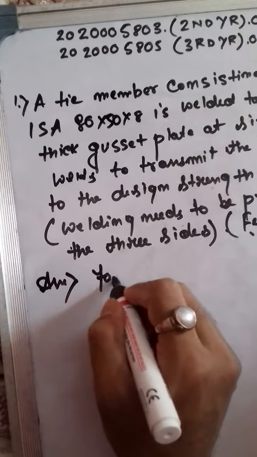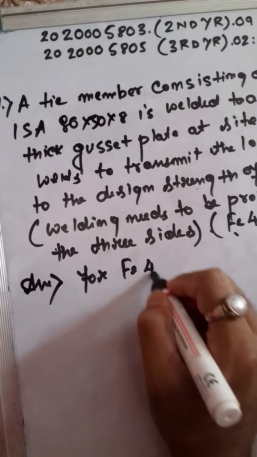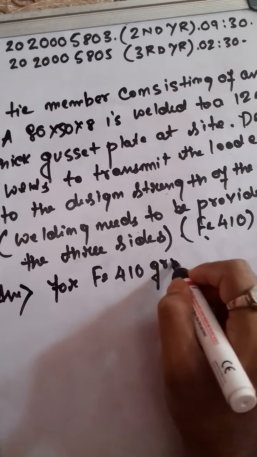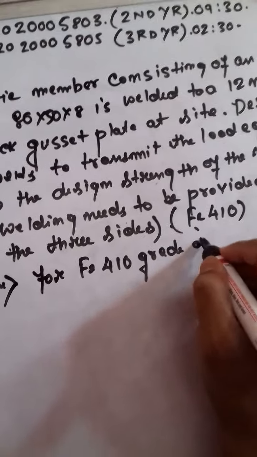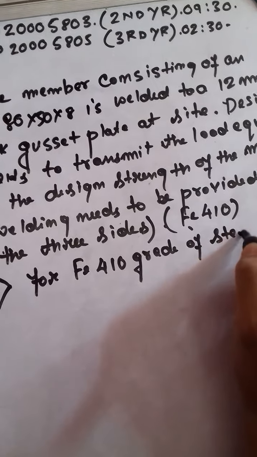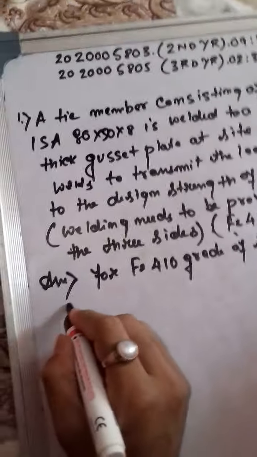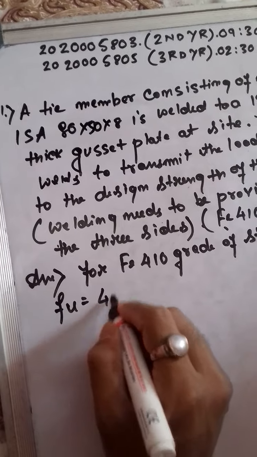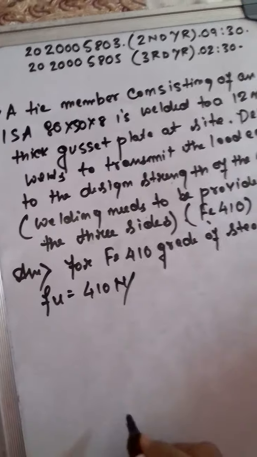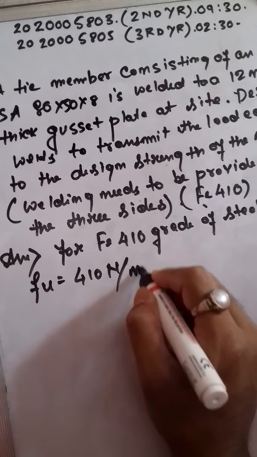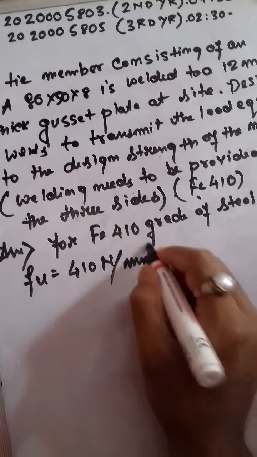We know that for Fe410 grade of steel, what is the value of Fu? Fu equal to 410 Newton per mm square. Yield stress Fy equal to 250 Newton per mm square.